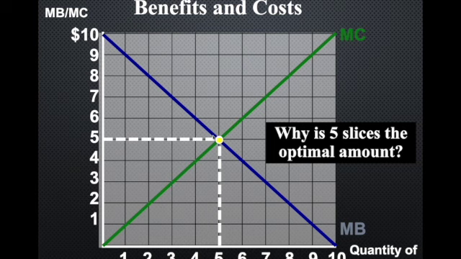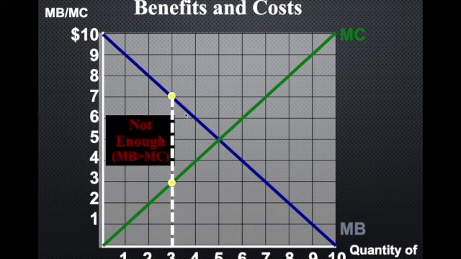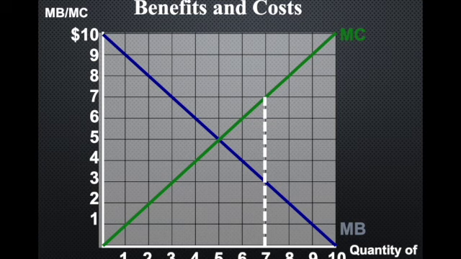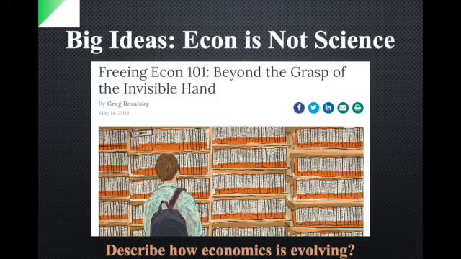So we would still continue to buy slices of pizza until we hit that tipping point. So at 3 slices, again, the cost is lower than the benefit, so we buy the 3rd slice. At 7 slices, the cost is higher than the benefit. That's too much. 5 is perfect, okay?